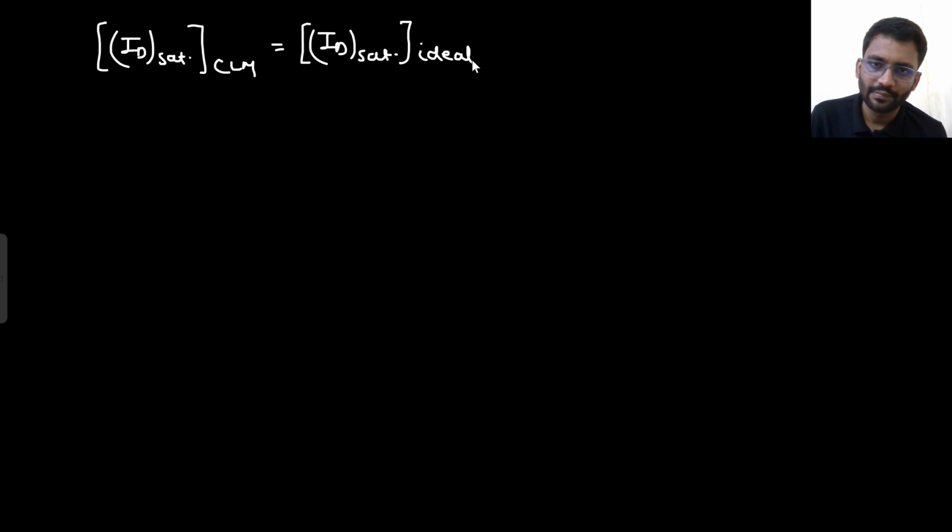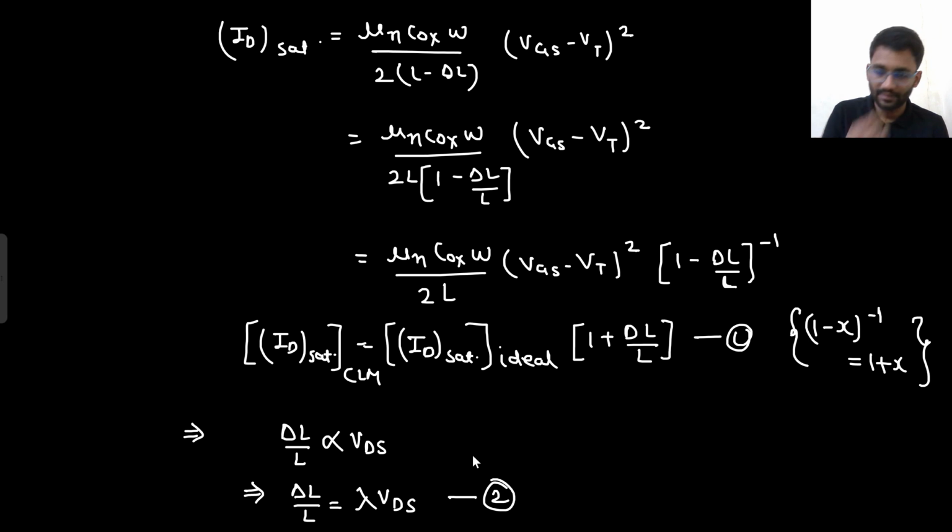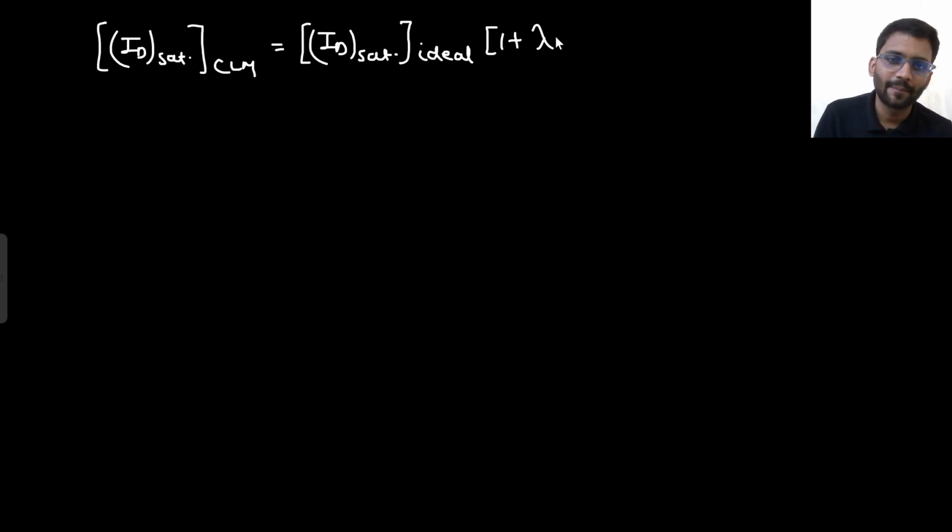So what will be your ID sat when there is channel length modulation? That will be equal to ID sat for ideal case, and 1 plus delta L by L will be replaced with lambda VDS.